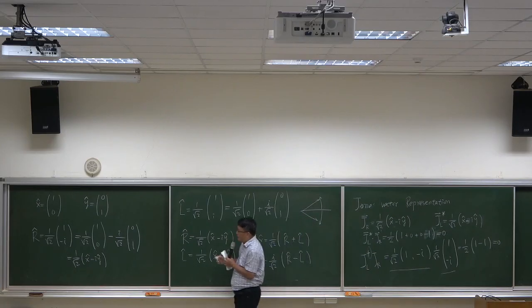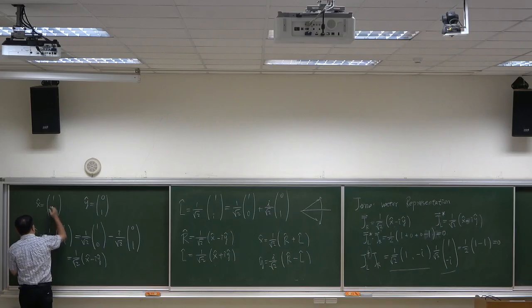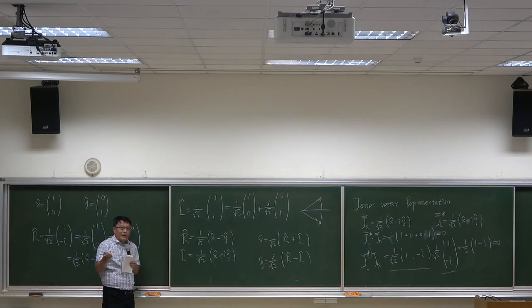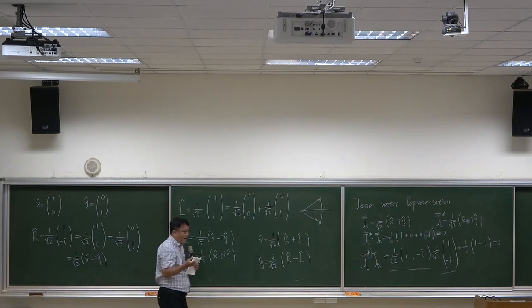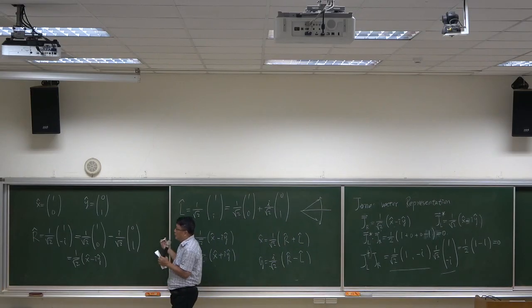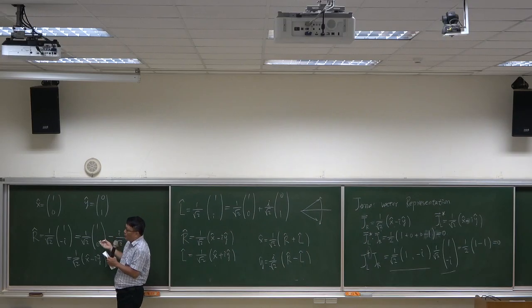For electron spin, if I write the column vector like this, 1, 0, this represents spin up, and this represents spin down. Okay, so that's why in quantum computing or quantum information, we can encode information in electron spin or encode the information in photon polarization.